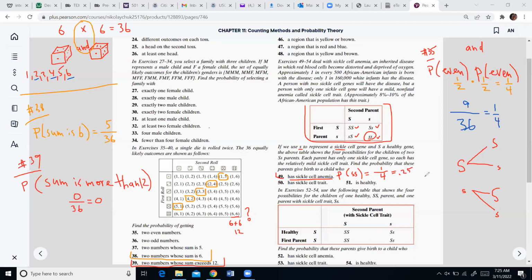I guess the person has that illness if both are little s, no capital S. But again, it's not very clearly stated, so I guess that's not a very good example for the exam. But it's not very hard to solve, right? You have a total of 4, and you see how many out of the total is what you're interested in.